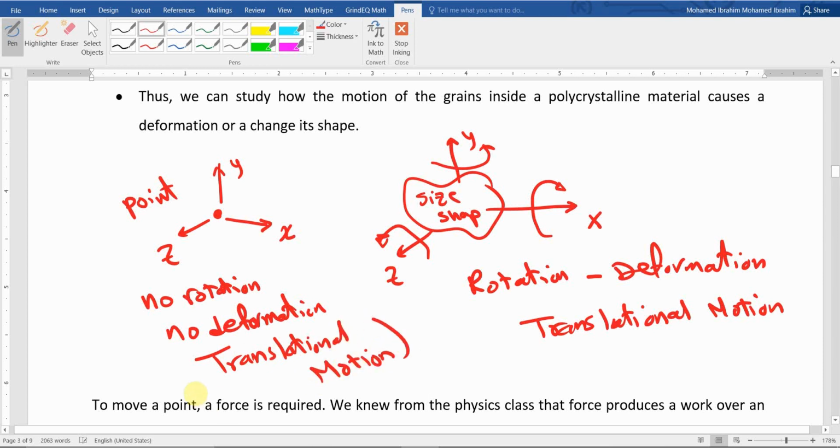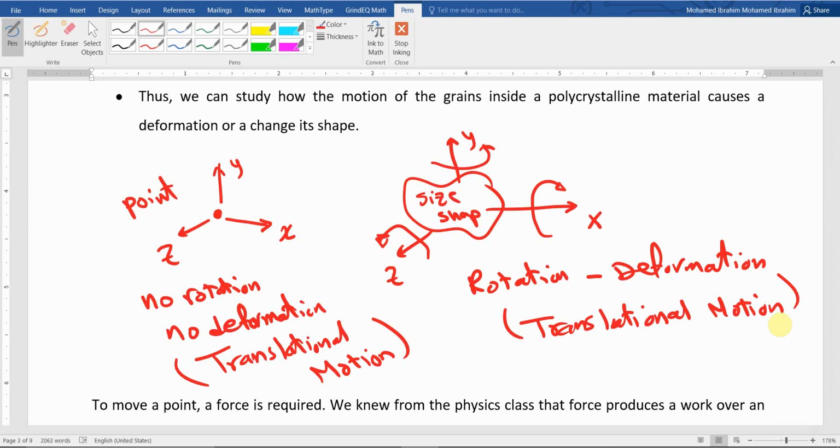to what you studied in the dynamics class. If you remember, in the first chapters of the textbook, especially the Hibbeler textbook, for example, the author covered the mechanics and the dynamics of particles. And we were representing the particle like a point.